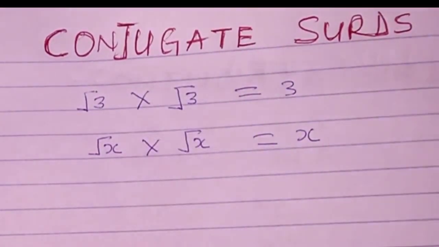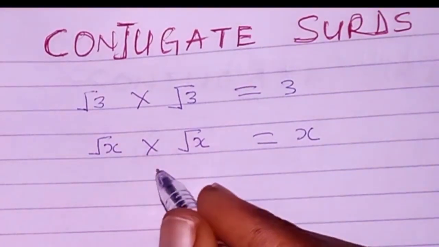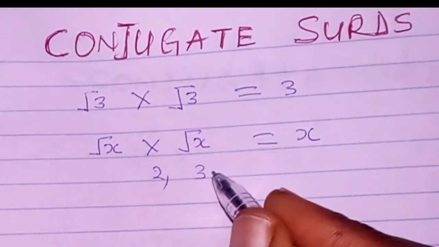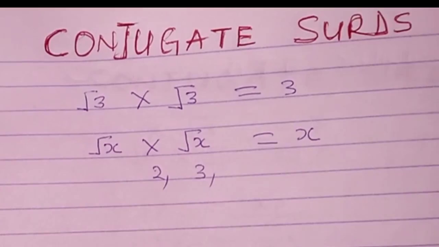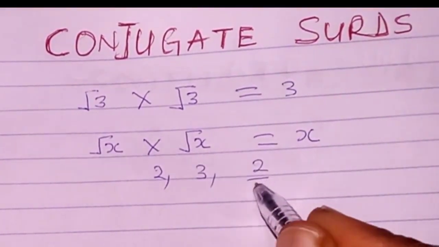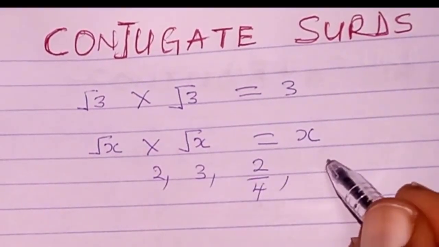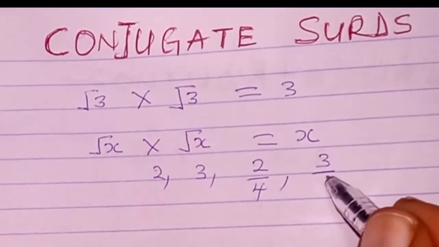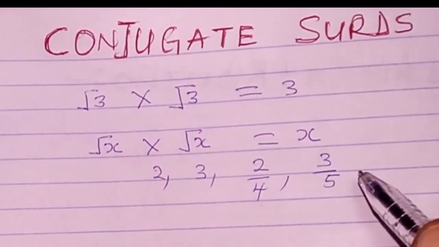What are conjugate surds? Conjugate surds are two surds whose product results in a rational number. Before now, we've looked at what rational numbers are. We say numbers like 2 and 3 are rational numbers, that any number that can be expressed as a ratio of two integers, like 3 over 5, is a rational number.